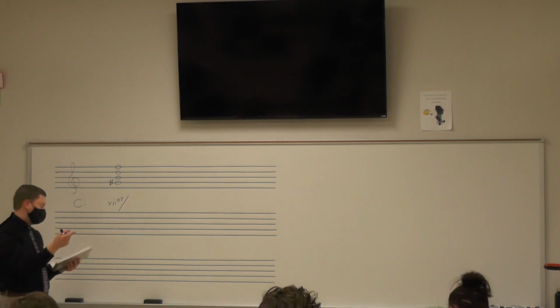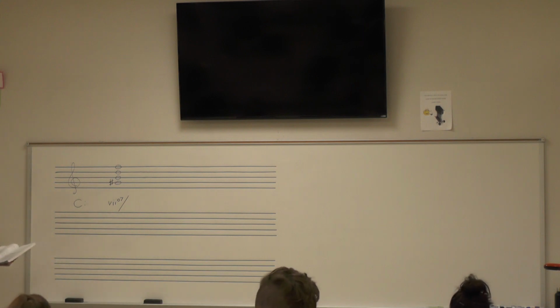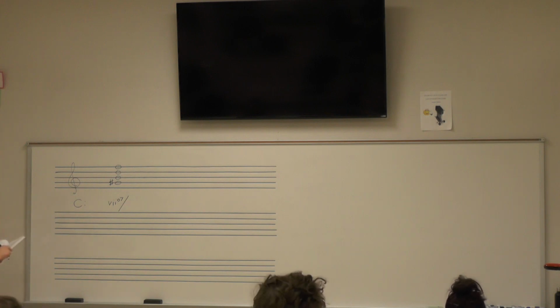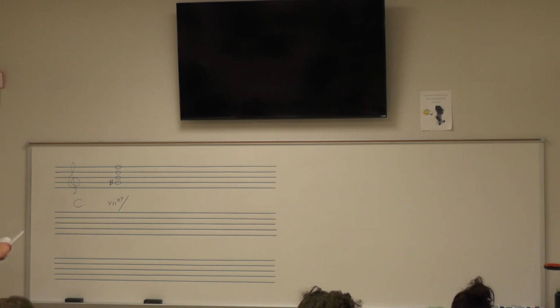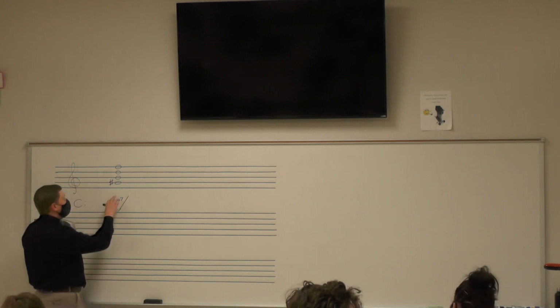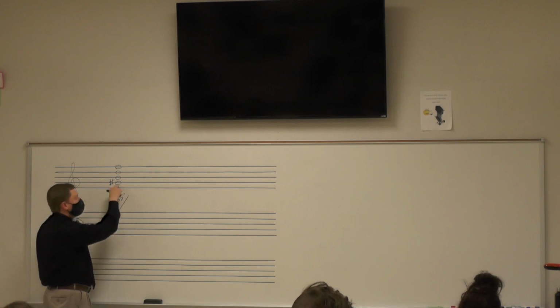Now, the next step is the same thing you do with the others. You find the root of the seventh chord, and you find what it is the leading tone of. With secondary dominants, we wanted to find out if the root was the dominant of something, so we'd go down.